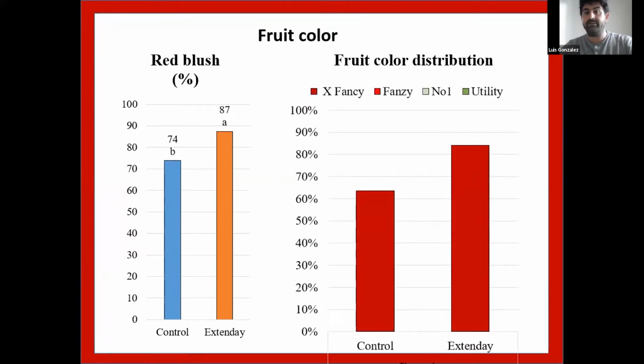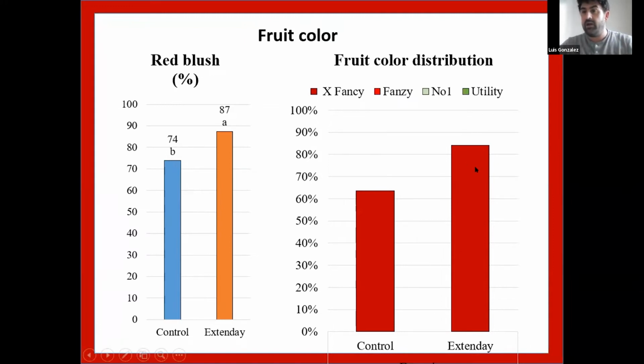But when we see the fruit color distribution, this red color is the extra fancy grade. You can see in all the yield, the control treatment has 65% with extra fancy grade, and with Extenday we increase the yield of this classification by 20%.